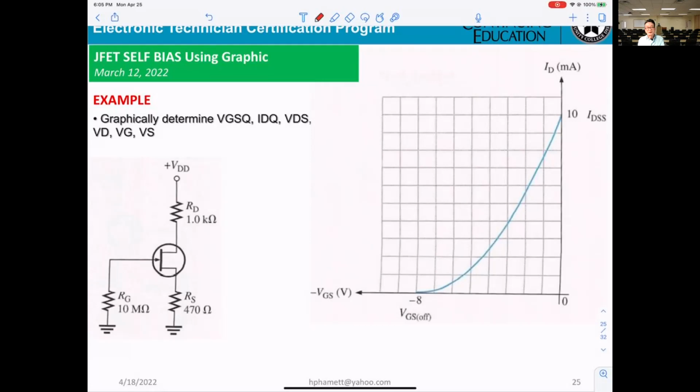And VG, the voltage at the gate, you know equals 0. And the VS equals ID times RS.